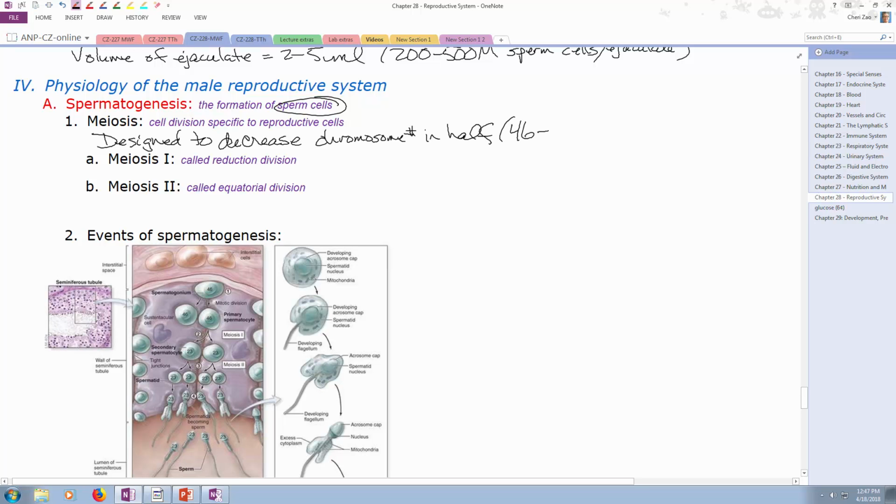So we go from 46 to 23 for our gametes, male and female. That's what meiosis is all about. Meiosis 1 is reduction division. Chromosomes replicate, the cell divides, and we go from diploid to haploid.